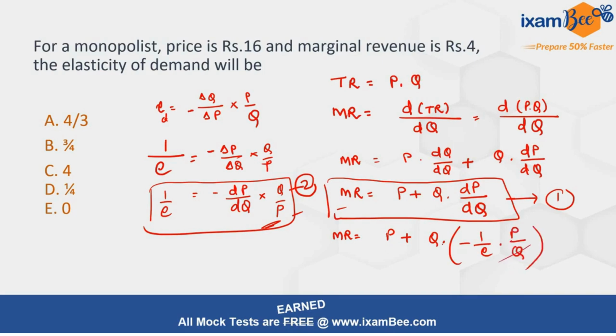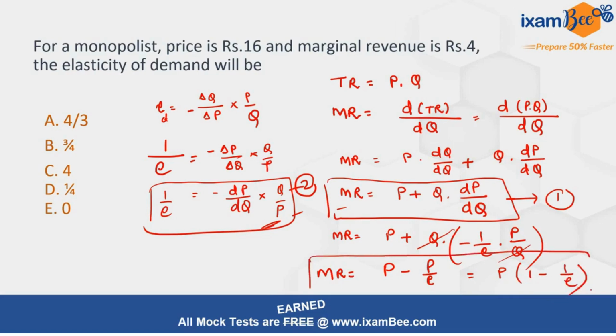Now this q cancels out. What am I left with? I am left with MR is equal to p minus p by e, or in other words, price times 1 minus 1 by elasticity. So this is a very, very important relationship that I wanted to tell you.